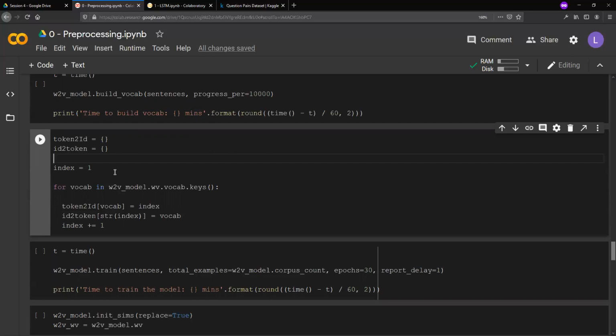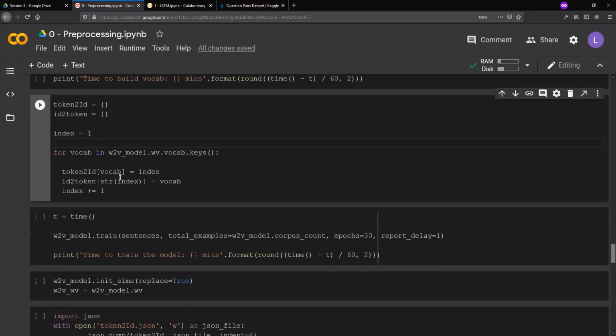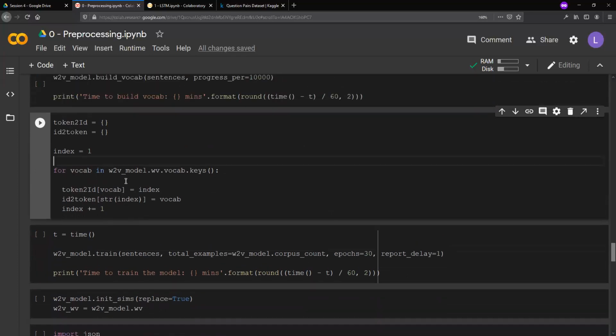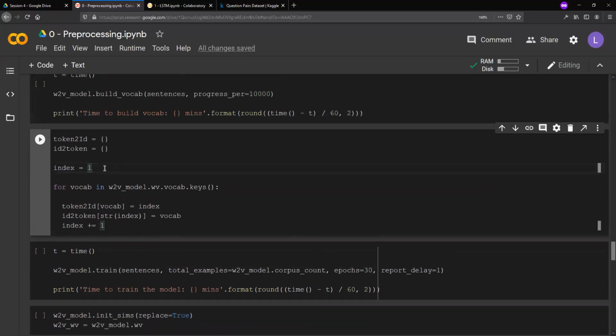So what we're going to do is provide a unique ID to each word using the vocabulary. I'm going to start my unique ID with a value of 1, and go through the vocabulary list generating a mapping from the token word to its ID. And then in reverse, I want a mapping from the ID back to its original word.